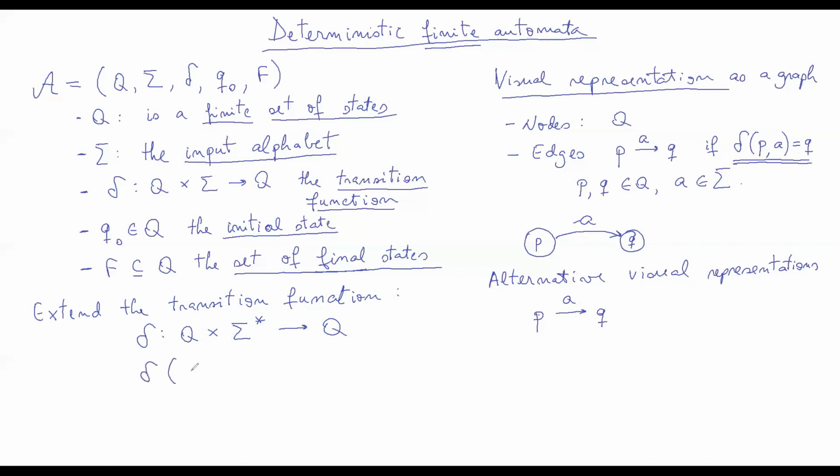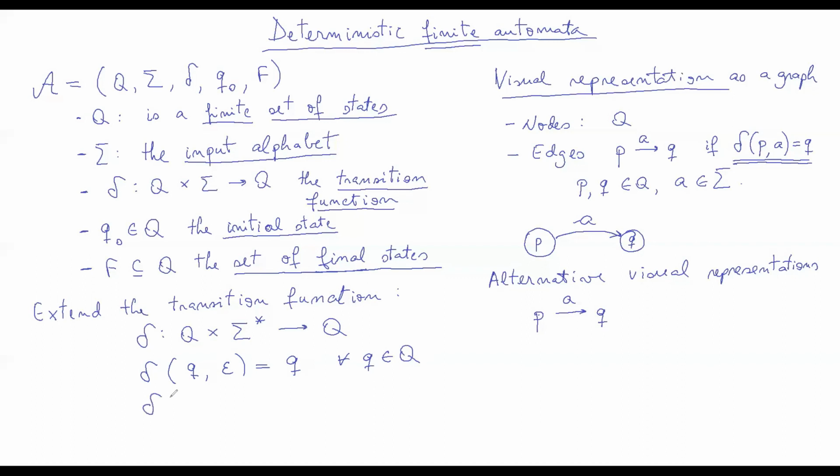And the way this is defined based on the basic definition of delta is going to be in the following way. So delta of Q and the empty word: if you read the empty word, then there is no change of state. So you are going to stay in Q, for any Q in your set of states.